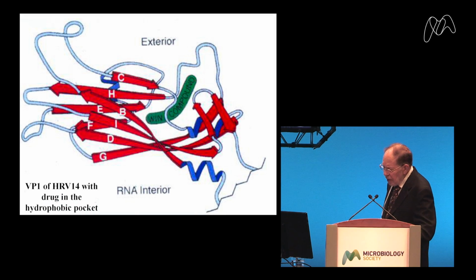There are other interesting things about the rhinovirus structure. What we see here is actually viral protein 1, and we came to call these folds jelly roll folds. I'm not sure why. I think it was Jane Richardson who worked out this name.